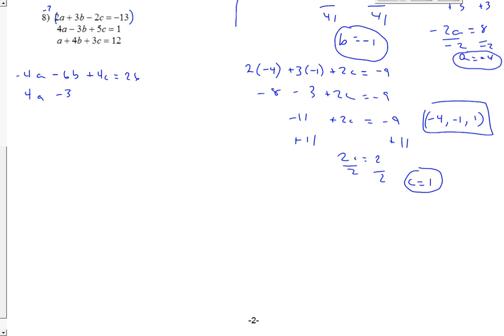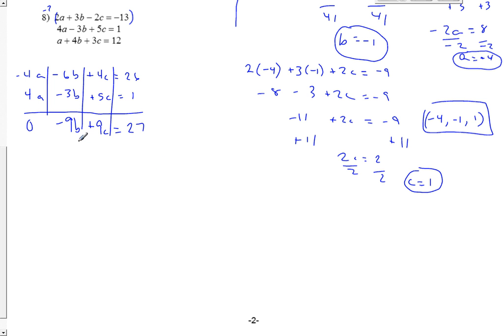4a minus 3b plus 5c equals 1. When I add these together, my a terms will cancel. I get 0. Here I get negative 9b plus 9c equals 27.